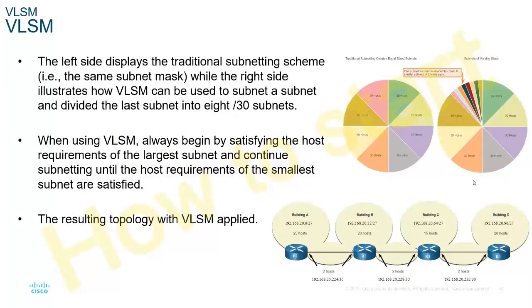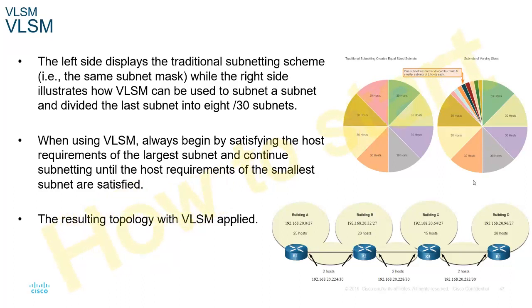What we can do is, between each building, instead of a /27, we only need 2 usable hosts, so we can apply a /30. A /30 gives us 2 usable hosts.